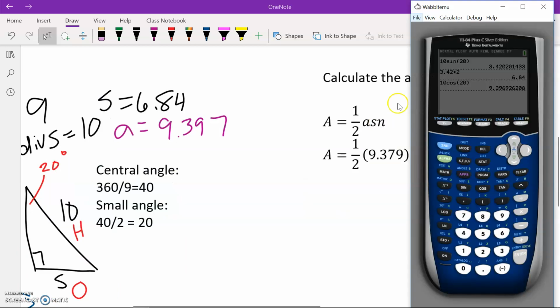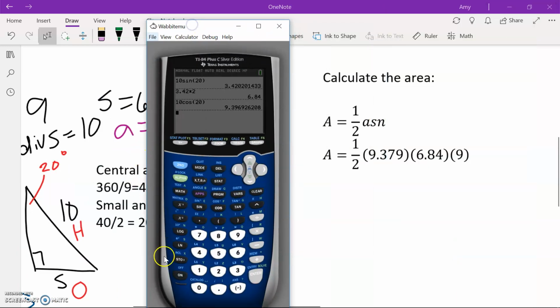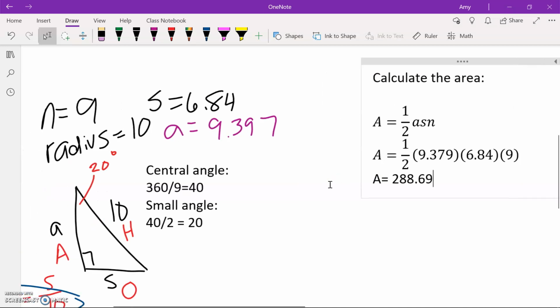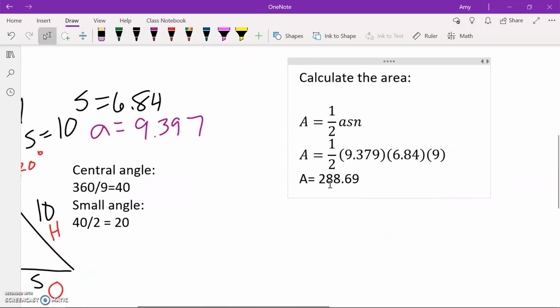And if we use our calculator, we would get 1/2 times 9.397 times 6.84 times 9, and we would get that the area is 288.69. And in this case, I believe we were using inches, so it would be inches squared.